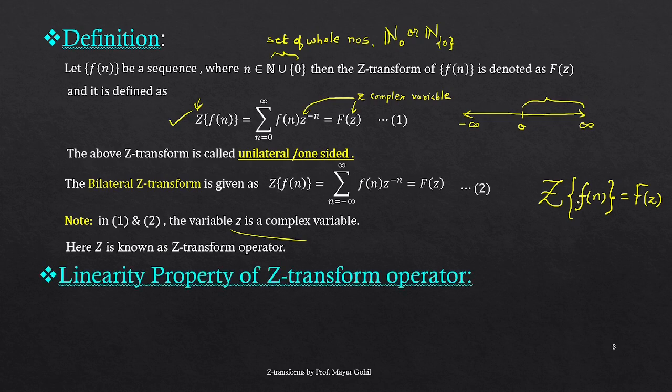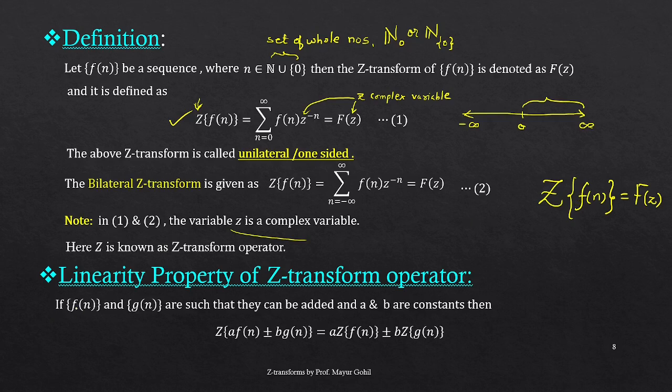The next very important property is the linearity property of the Z transform operator. The property says that if we have two sequences f of n and g of n such that they can be added, and a and b are constants, both not simultaneously zero, then the Z transform of a times f of n plus or minus b times g of n is equal to a times the Z transform of f of n plus or minus b times the Z transform of g of n.